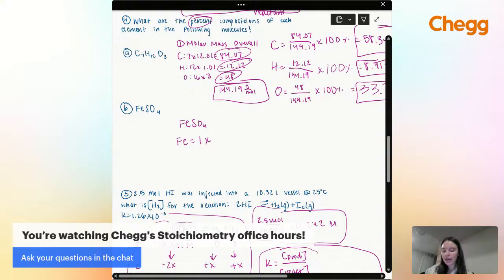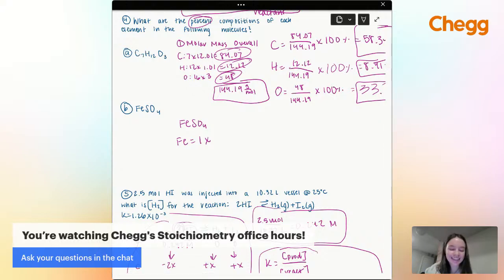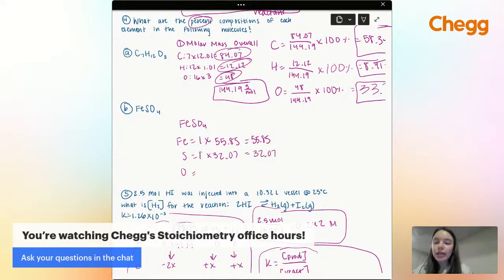That was definitely way quicker than 15 seconds, but it's 55.85. So we'd get 55.85. S is 1 times 32.07. O equals 4 times 16, which is 64.